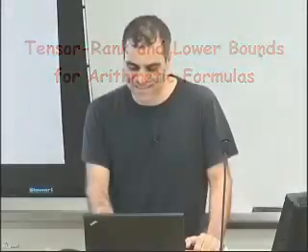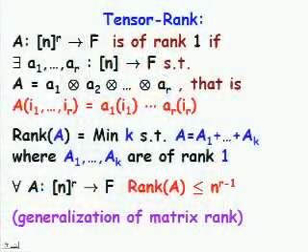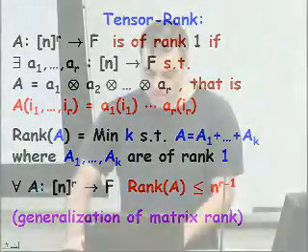Okay, so what I want to talk about now is another approach in this direction. This is a work from last year, from half a year ago: tensor rank and lower bounds for arithmetic formulas. So let me tell you what tensor rank is. First, what is a tensor?